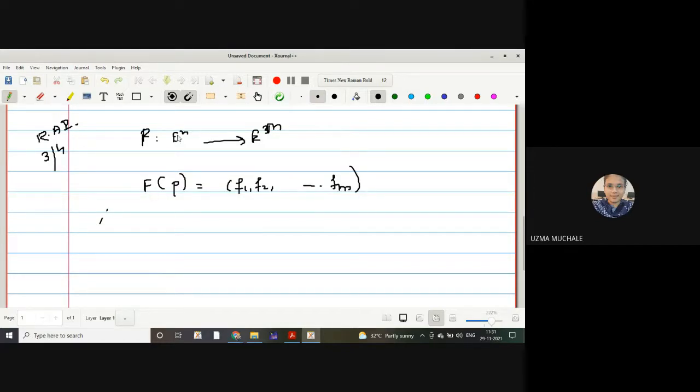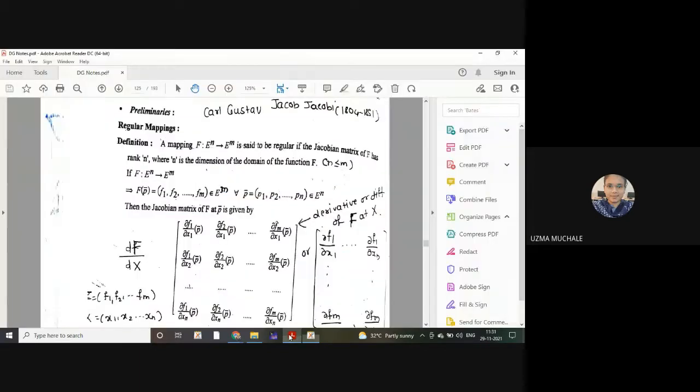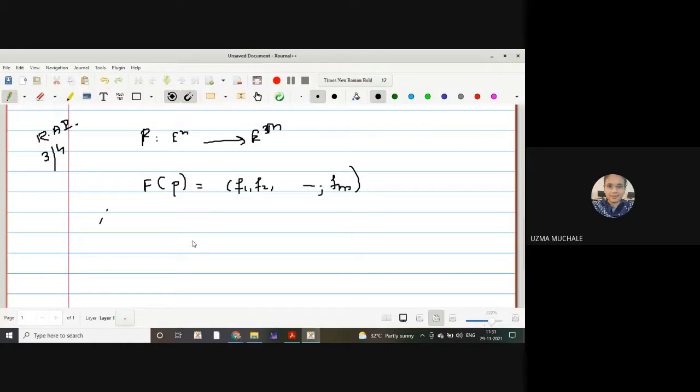So f of any point in our En space, the resultant is f1, f2, f3 up to fm. So this mapping is said to be a regular map if the rank of the Jacobian matrix is equal to n, that is the dimension of the domain. Now what is the dimension of the domain? It is n.